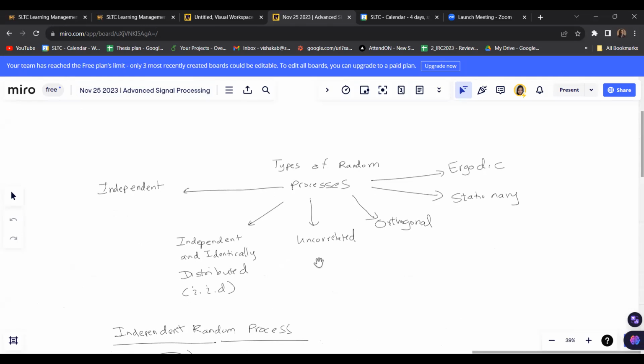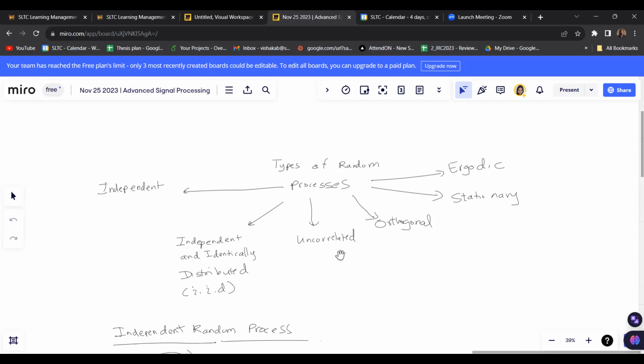However, if a random process is uncorrelated, we cannot ensure that it is independent. The reason being uncorrelatedness measures only the linear relationship between the random variables.